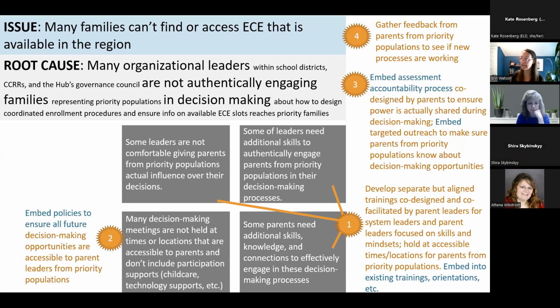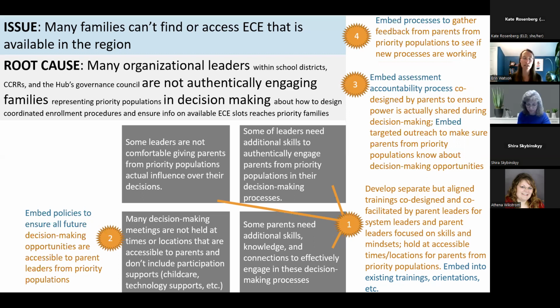Number 3, again, you're embedding assessment and accountability processes into your operations, and embedding outreach practices. So it's not just a one-and-done thing, it's this is now the way we operate. And finally, you're embedding processes to gather feedback. The analogy here is, how do you bake it into the cookies so that it naturally happens instead of doing it yourself over and over again? That's exhausting.